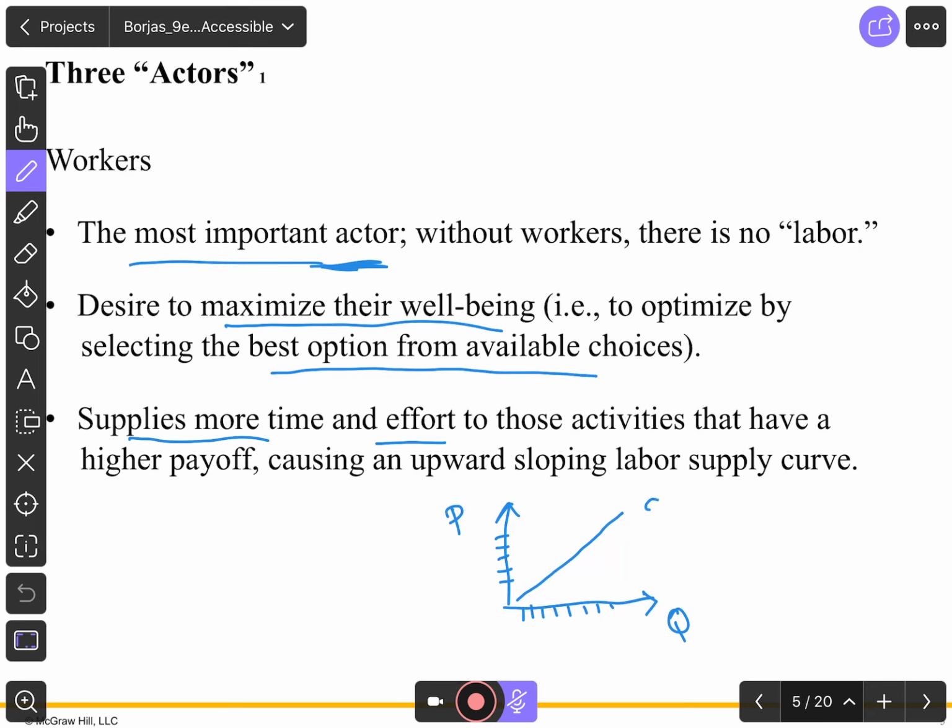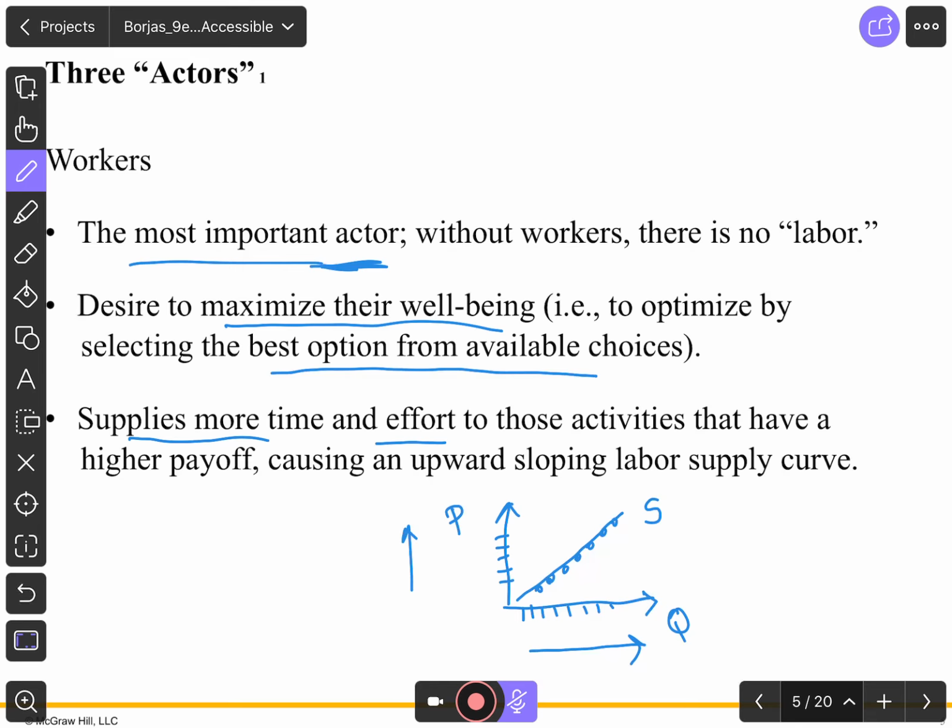So the supply curve has a positive relationship between quantity and price. The higher the price, the more the incentive to produce more or supply more. So we move on different points along the supply curve.